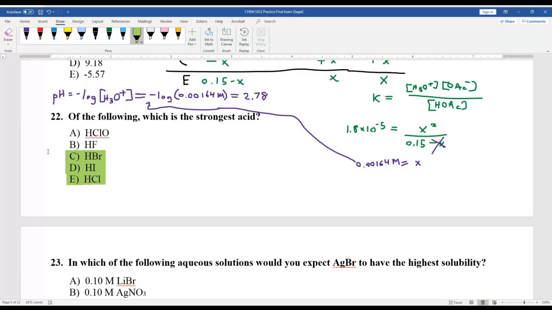So which one is a bigger factor? Which one's more important? Interestingly enough, it's polarizability. So polarizability is more important than electronegativity. So if I look at HF, HBr, HI, and HCl, yes, fluorine is the most electronegative atom on the periodic table. However, of those four, which is the most polarizable?